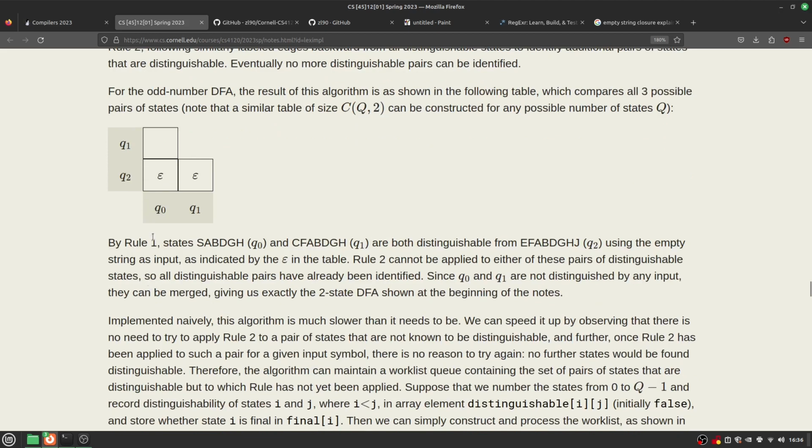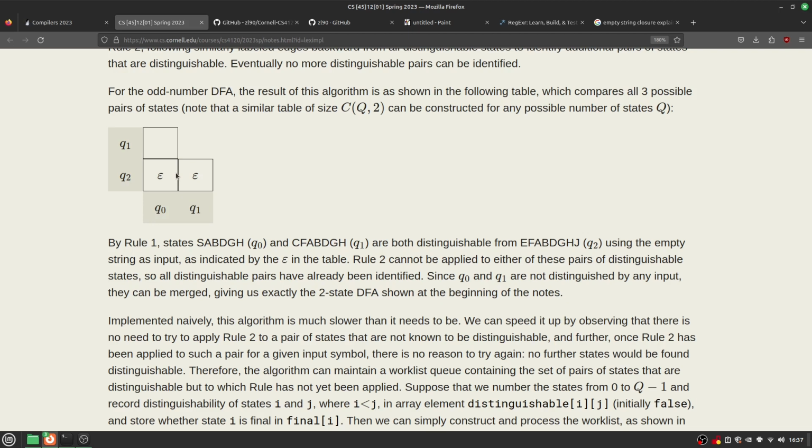By rule 1, states Q0 and Q1 are both distinguishable from Q2 using the empty string as input, as indicated by the empty string in the table.